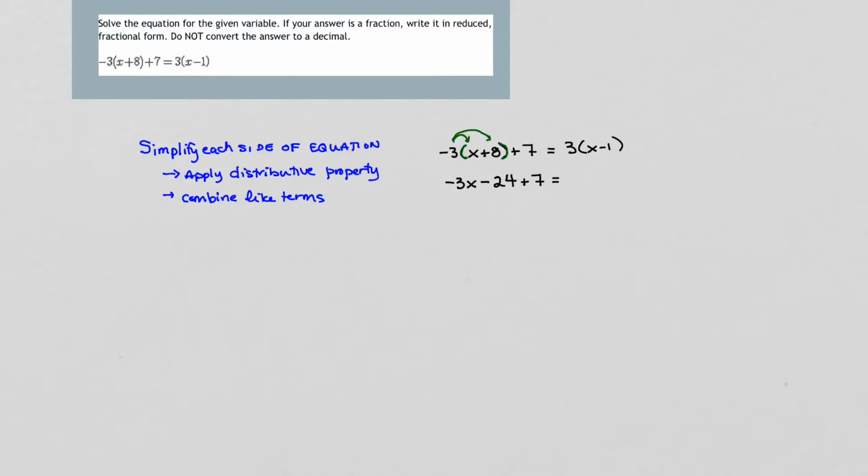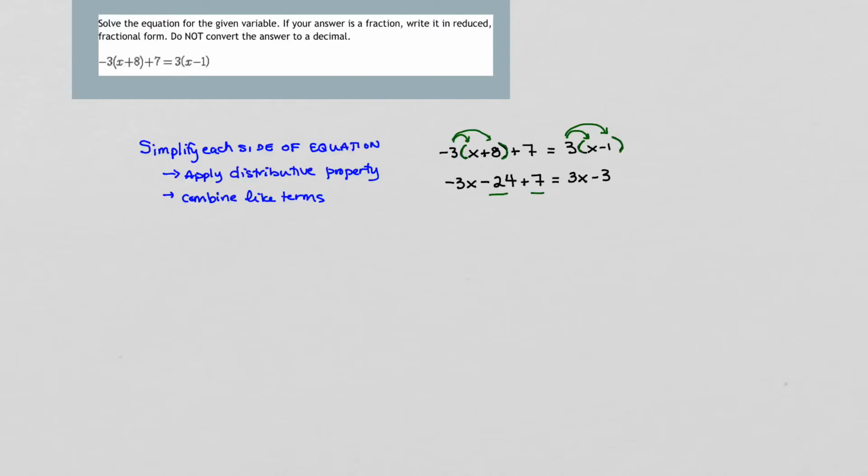I'm also going to simplify on the right side of the equation, and again, I see parentheses with a 3 next to it, denoting a distributive property. So I'm going to distribute the 3 on the right side, and that's going to give us 3x minus 3. Now that the distributive property is finished, I want to continue simplifying each side, and I specifically want to look on the left side and observe that there are two terms that are like terms. I have negative 24 and positive 7.